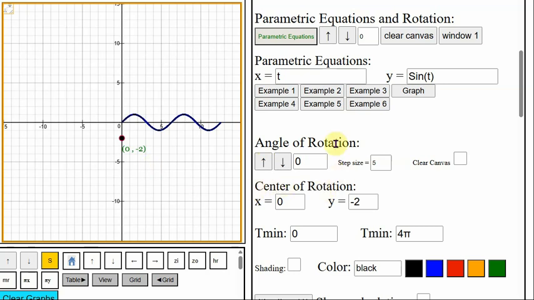And then the same graph, but this time I want the center of rotation to be at 0, -2. Then this is what the image would look like.